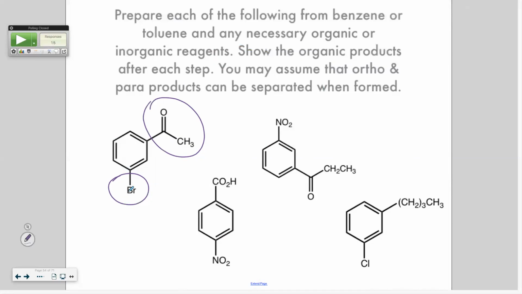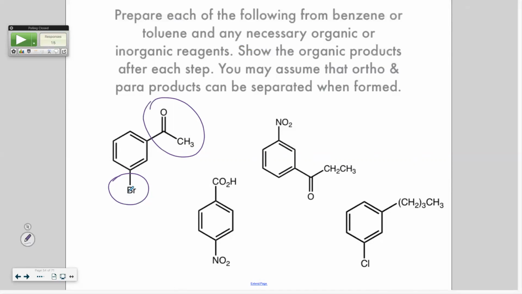Okay, so which group do you think you want to put on the benzene ring first? This group or this group? What do you think? The bromine? No, someone's saying no. Okay, you want to put this group on. Why?